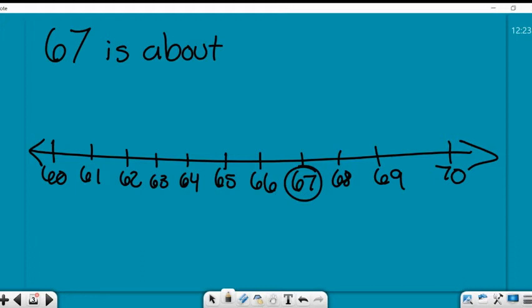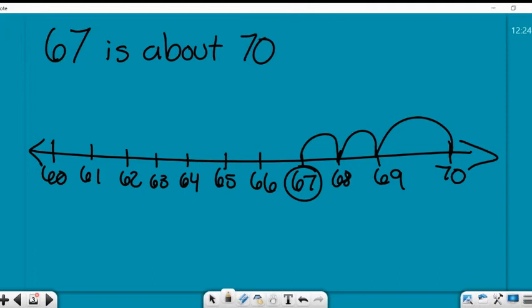Is it closer to 60 or is it closer to 70? Good, 70. I hope you said 70 because it's only 3 jumps away from 70. 1, 2, 3 jumps away from 70. So it's definitely closer to 70. So when we round, we would say 67 is about 70.